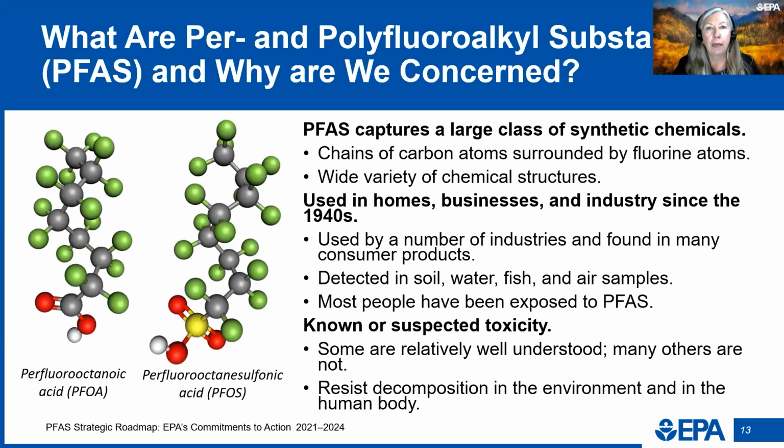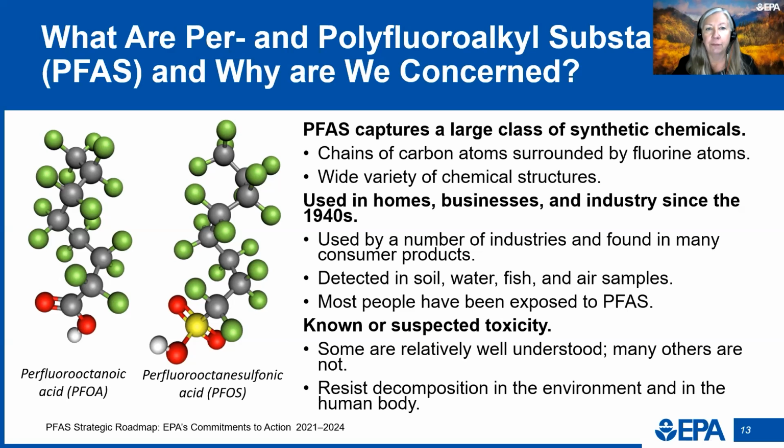So before I get more into the roadmap, I wanted to spend a few minutes talking more generally about per- and polyfluoroalkyl substances, or what we refer to as PFAS, and why they're a concern. PFAS captures a large group of synthetic or human-made chemicals that consist of chains of carbon atoms surrounded by fluorine atoms.